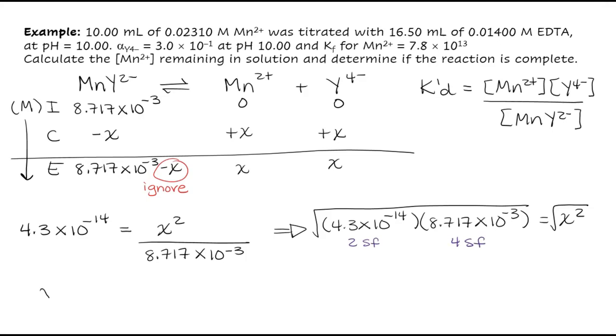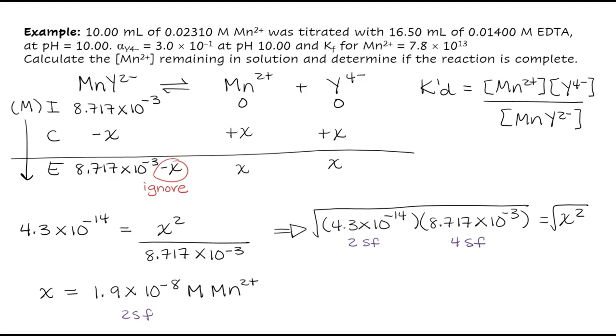So when we calculate X, we'll round to 2 sig figs. So doing the math, 4.3 times 10 to the negative 14 times 8.717 times 10 to the negative 3, and taking the square root of that gives us 1.9 times 10 to the negative 8. If we take a look at our MICE table, we notice that X has units of molarity, and it corresponds to our metal ion, manganese 2 plus.